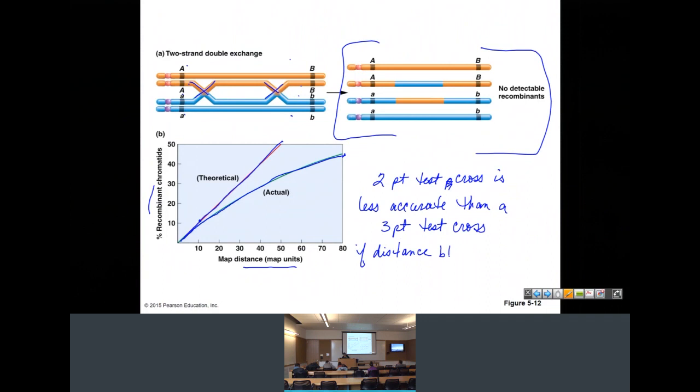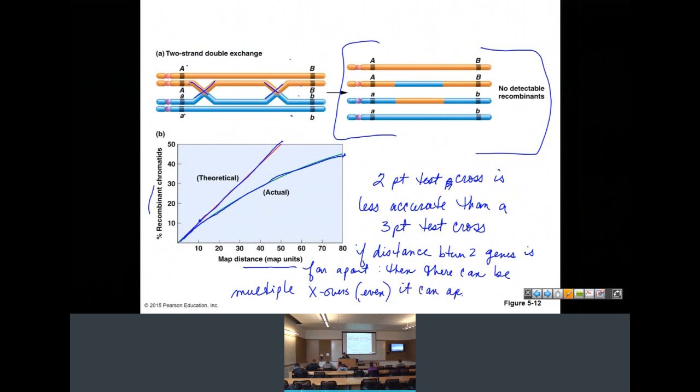If the distance between 2 genes is far apart, then there can be multiple crossovers, and if the number is an even number, it can appear that, well, here, the genes are not linked.